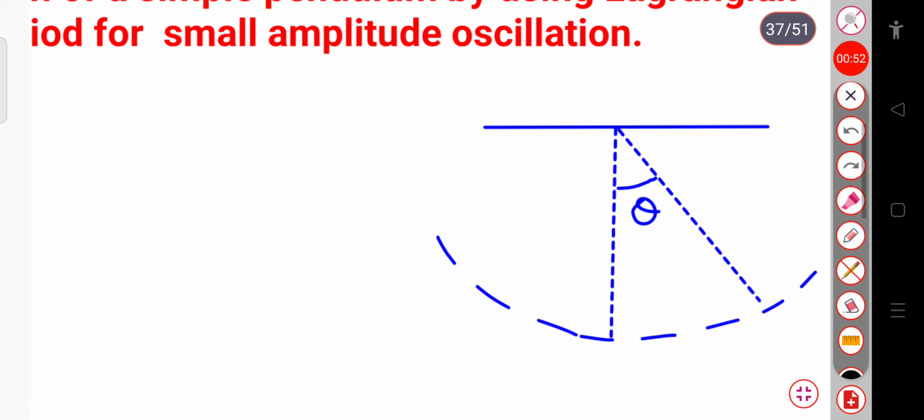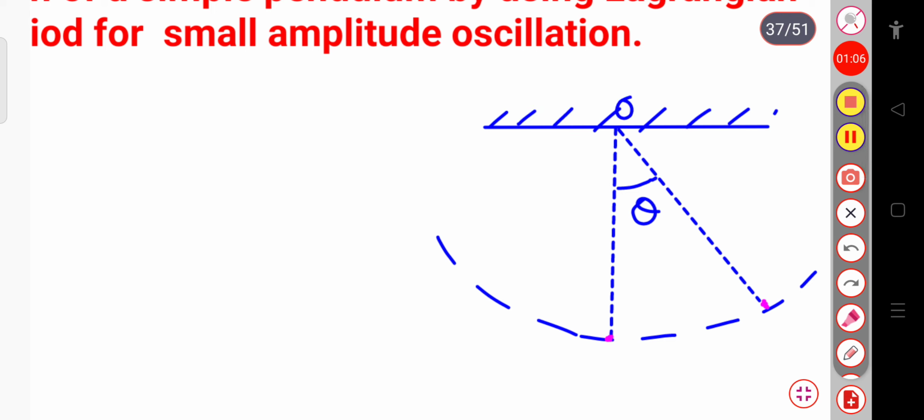So let me draw just above that. This is the pendulum bob. This point is suppose O, this point is suppose A, and this one is suppose B, the mean position.